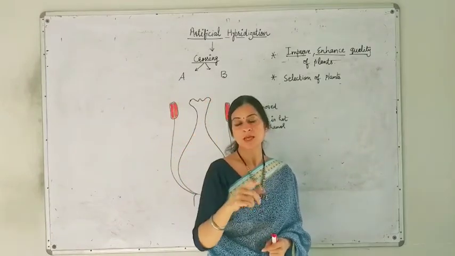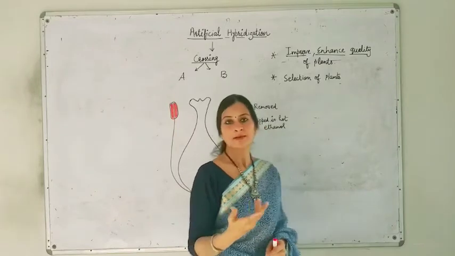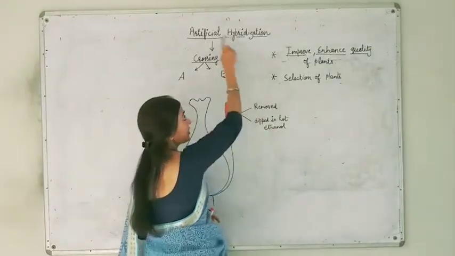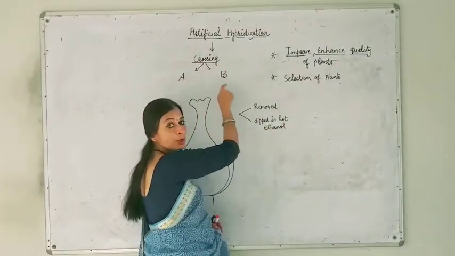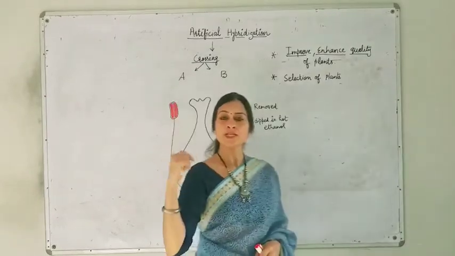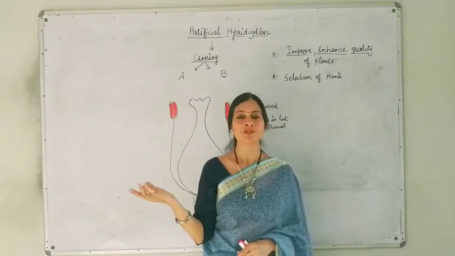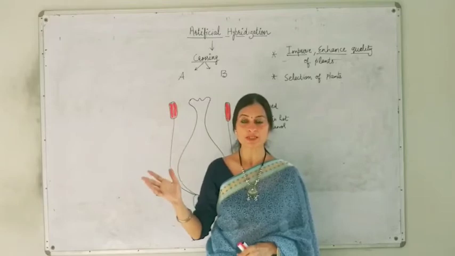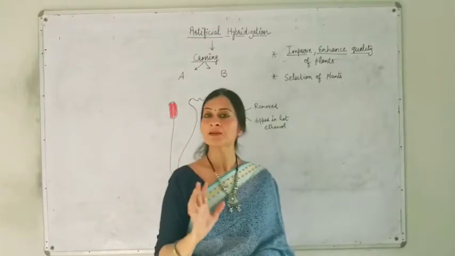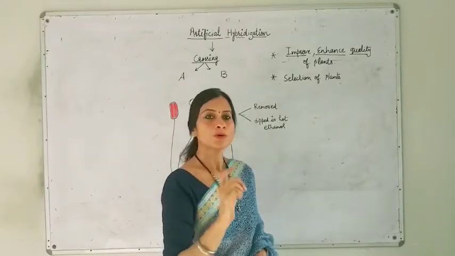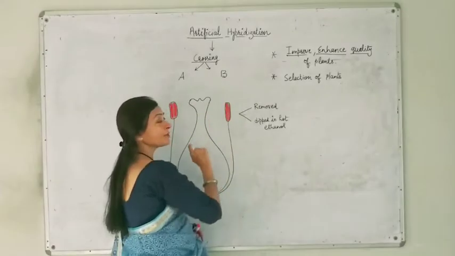So for this, we can have artificial hybridization between these two parents so that the progeny can have the desired features of both of these parents. So when we have selected the parents, now the step will be the artificial hybridization.